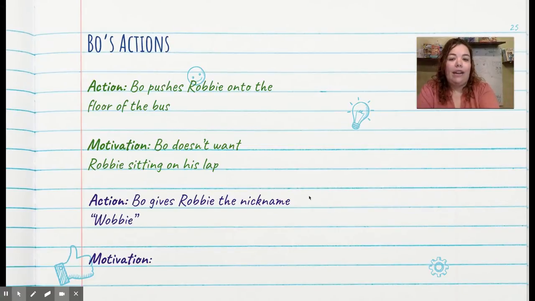So one action is, remember when Bo gives Robbie the nickname Wobbie? He calls him Baby Wobbie. So I want you to write down the motivation. Why do you think Bo is calling Robbie Wobbie? You can look back in the book and kind of remember that scene from the chapter, but think about, why does he do that?